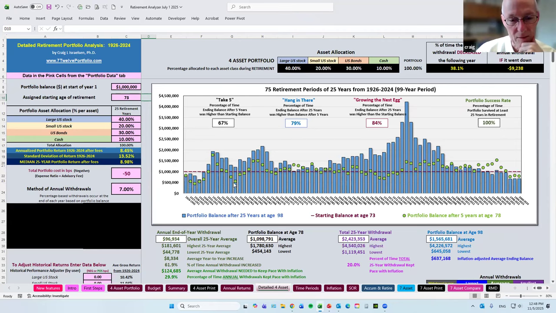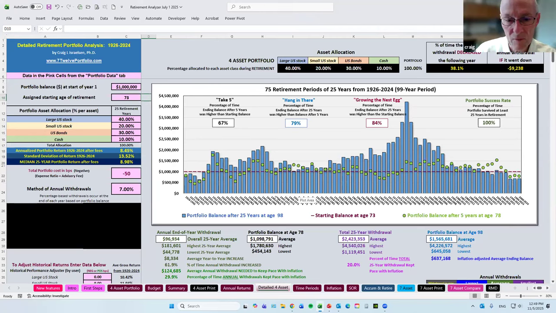Interesting. Let's look at this guy over here. So this person had a balance after 5 years of 558,000. Now remember, the purple line right here is the starting balance. So whenever you see the green dot underneath the purple dotted line, these are folks that had the potential to panic.